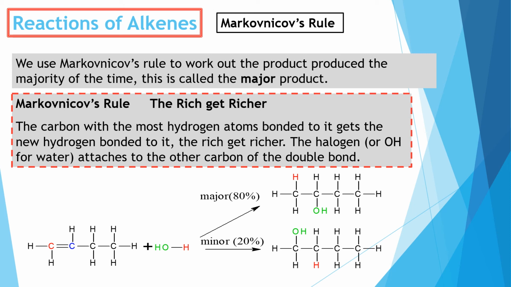That's where the OH goes to the rich place. Anytime we add water or a hydrogen halide to an asymmetric alkene, we're going to get 2 different products, but we now know, using Markovnikov's rule, which one is going to be the major product.